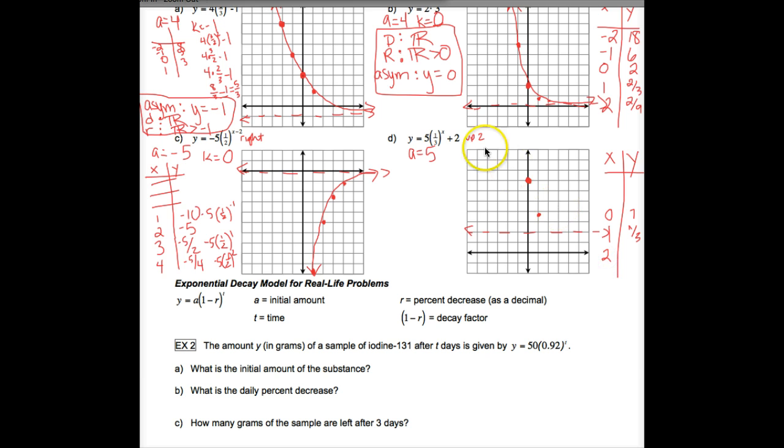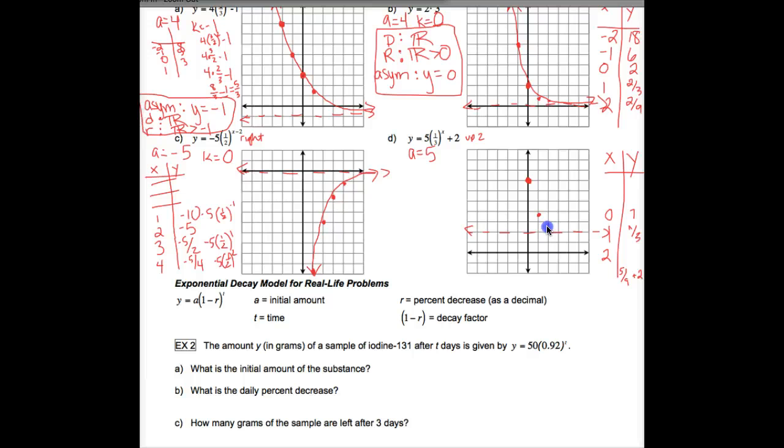And let's pick one more on that side. So when x is 2, 1/3 squared is 1 over 9. So that gives me 5 over 9 plus 2. So 2 is 18 over 9. So we've essentially got 2 5/9, so almost 2.5. It's a little more than 2.5.